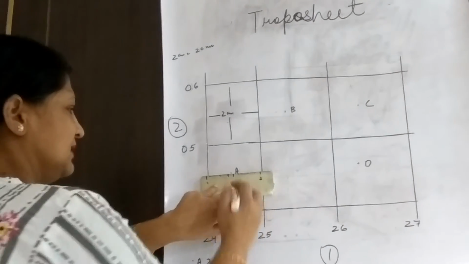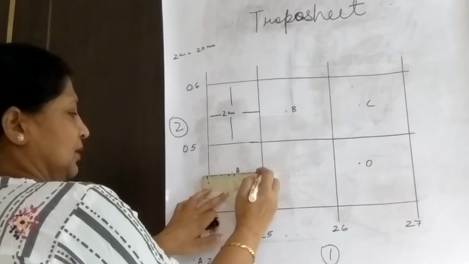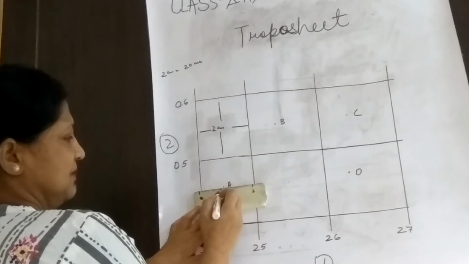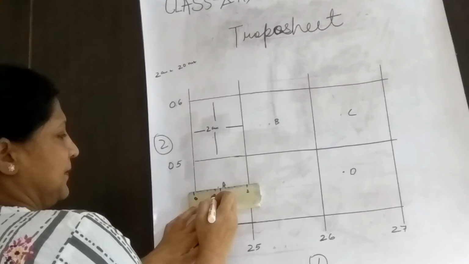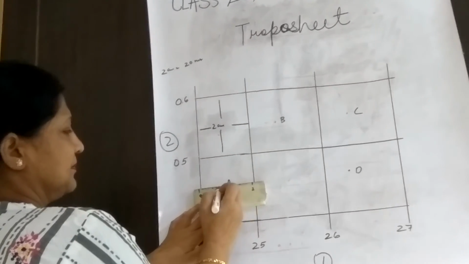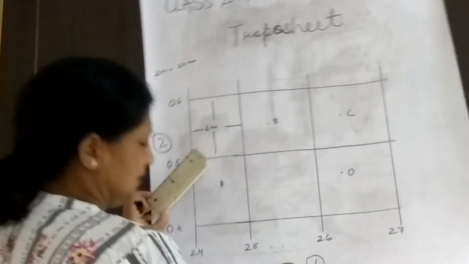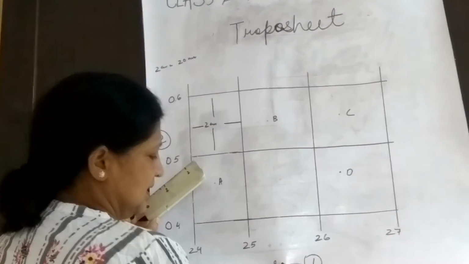It was coming on 8, between 9 or 8. It means 0.8.